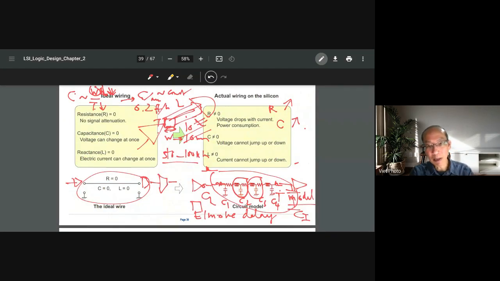By the way, I mentioned the Elmore delay here. When you have a circuit like that, this one is a Y. This one is the model of the Y, which is like the T model. You have the inductance, resistance, C, the inductance, resistance, C, and so on. All these things, they will calculate, using something like the Elmore delay.